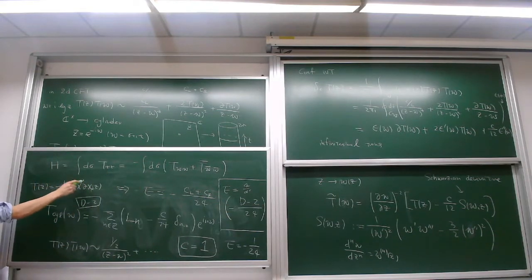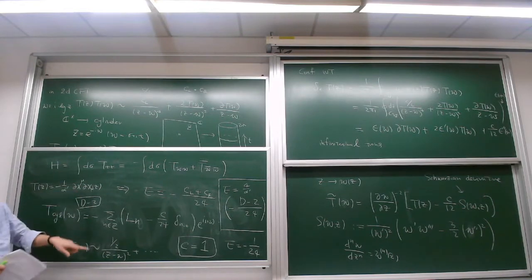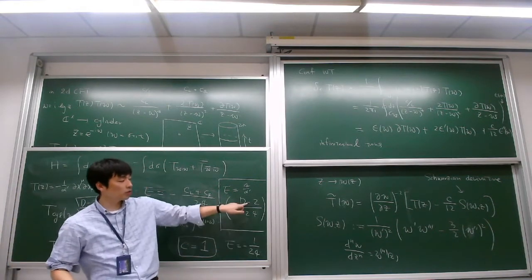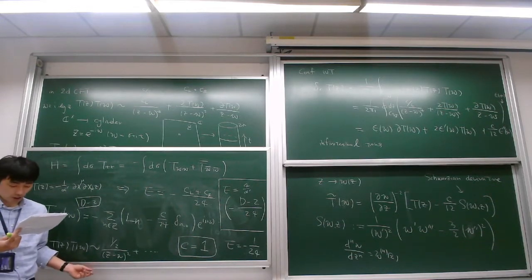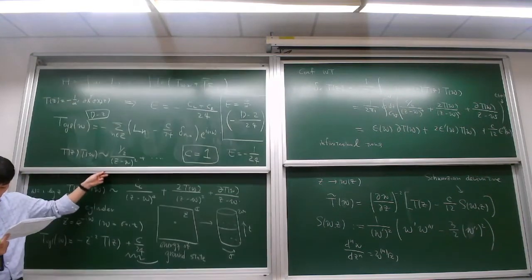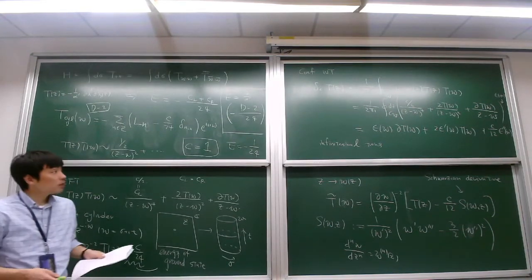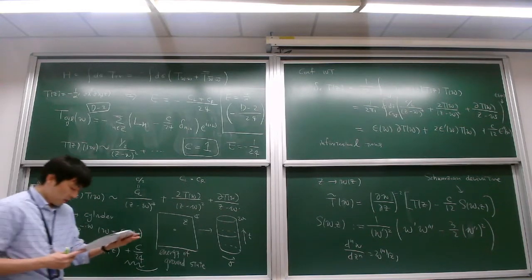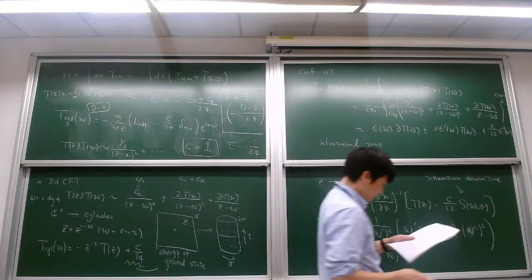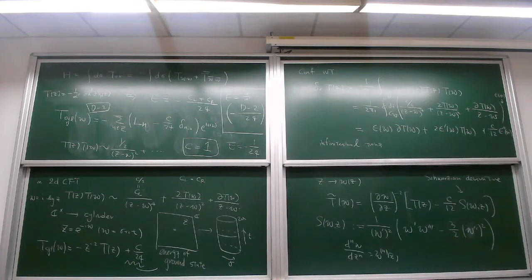So each dimension except this light cone direction gives you minus 1 over 24, and at the end of the day you get the tachyonic energy for bosonic strings. So that's how we obtain the ground state energy of string theory. Okay, any questions so far?